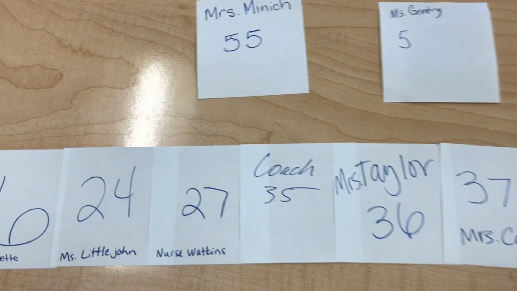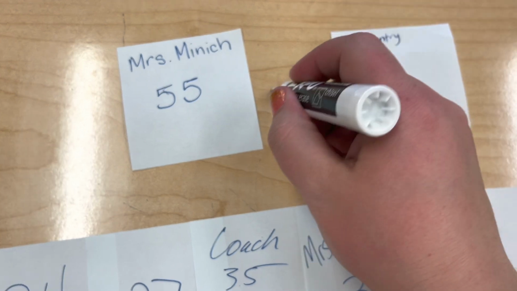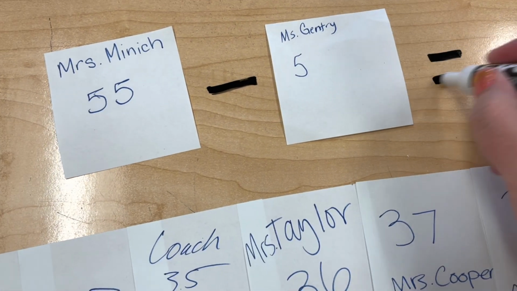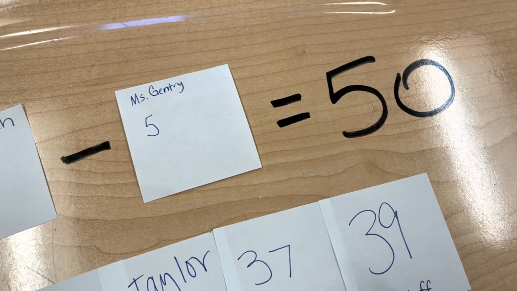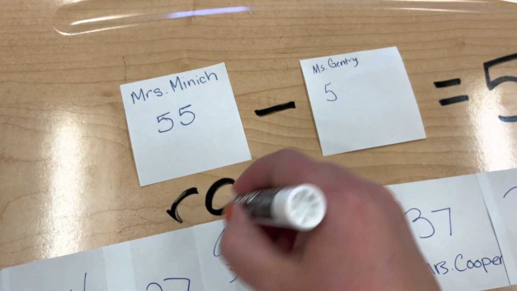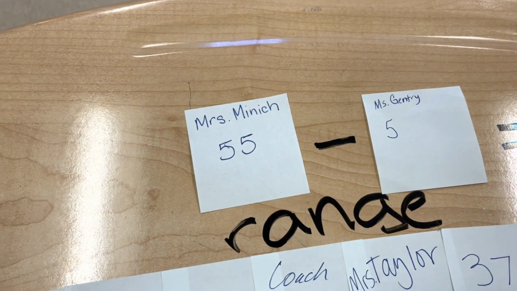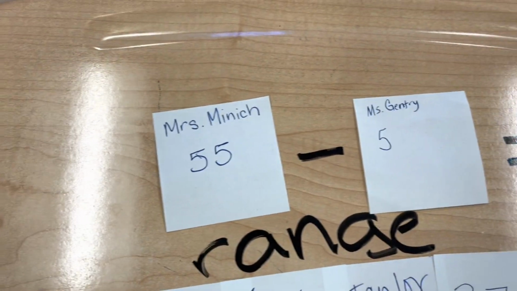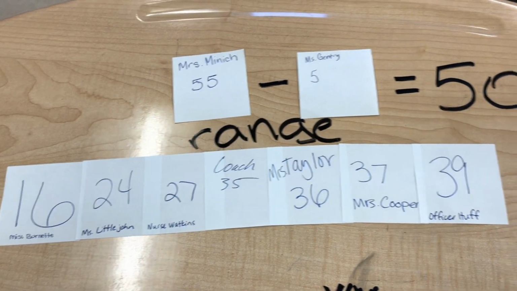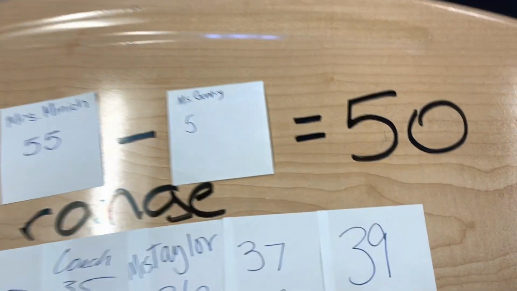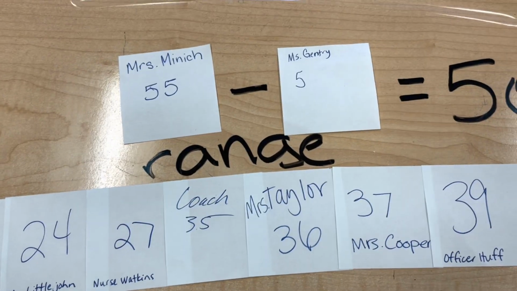So we could do 55 minus 5, and that would give us 50. And that is the range, R-A-N-G-E. The range of the data is the biggest number minus the smallest number, okay? Because every single number in our data falls between that 5 and that 55, and that gives us our range.